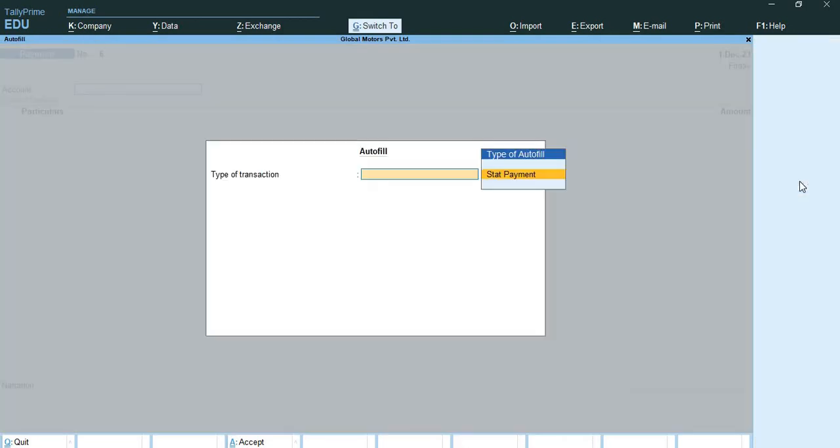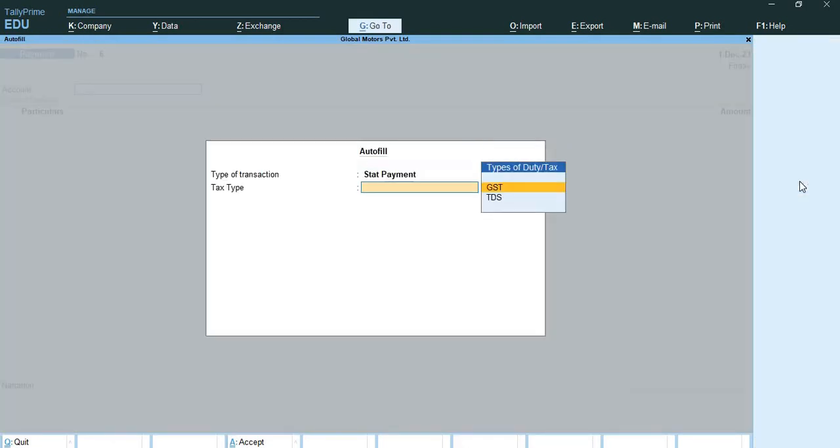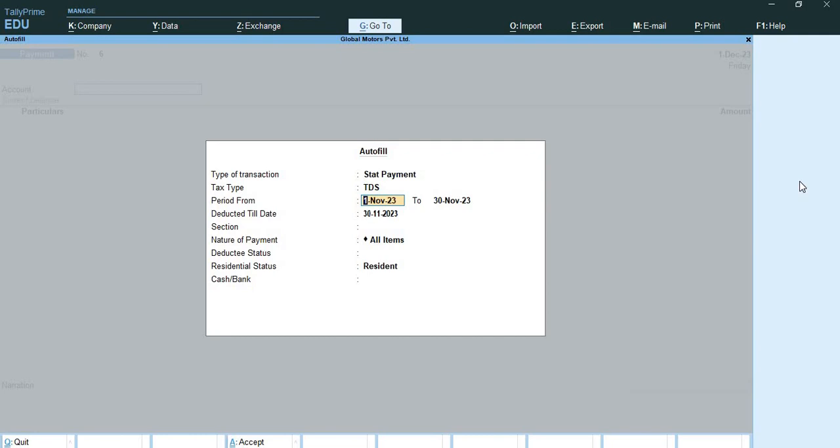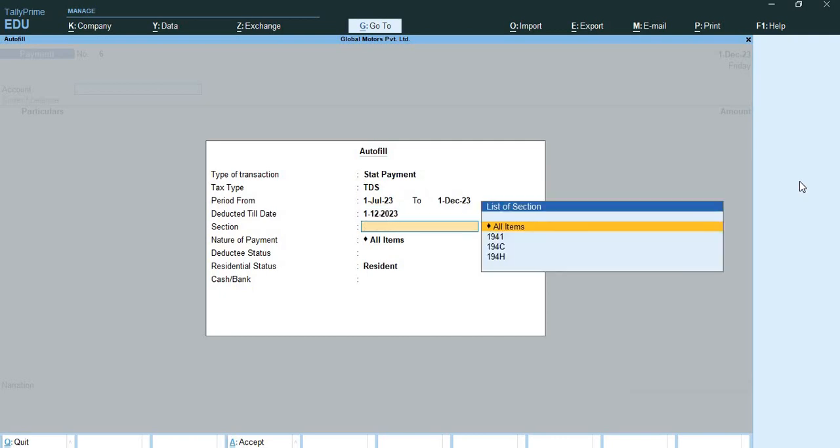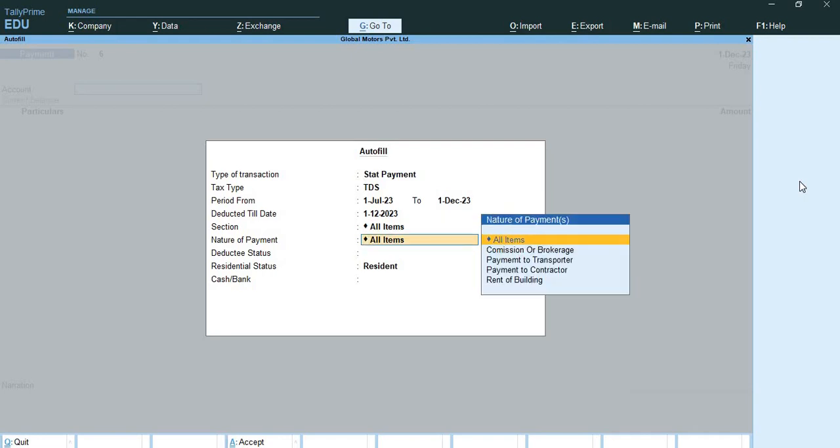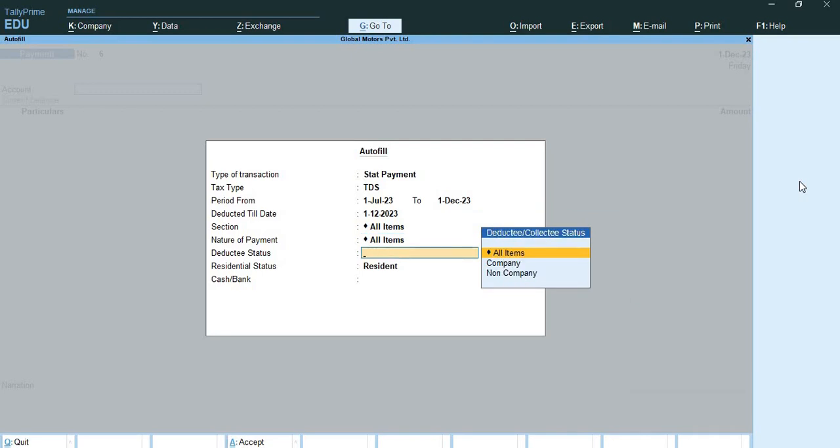Here I'll press Ctrl plus F. I'll select TDS payment, from 1st July to 1st December. Section will be all items. Nature of payment, all items.